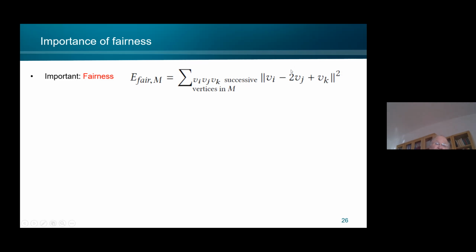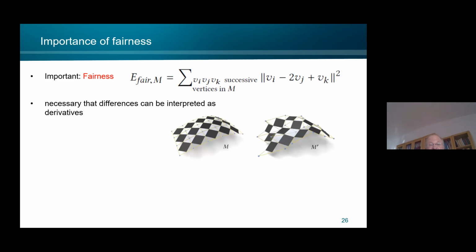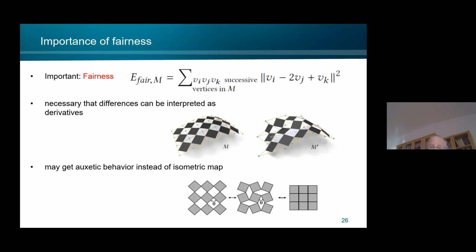Towards the end of the iteration, we can set this to 0, but initially it is important, and it makes sure that the differences we are using can actually be interpreted as derivatives. This avoids an unsmooth surface, but it also avoids the following effect which could happen. Think on the left-hand side here of this checkerboard pattern from congruent squares.